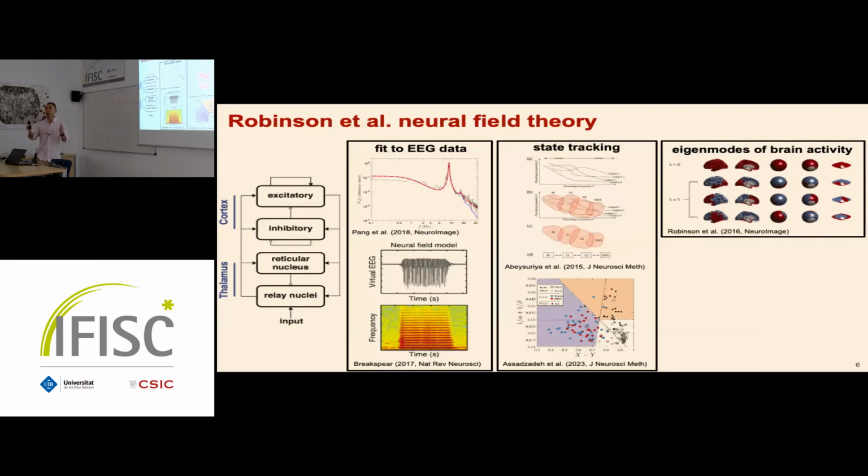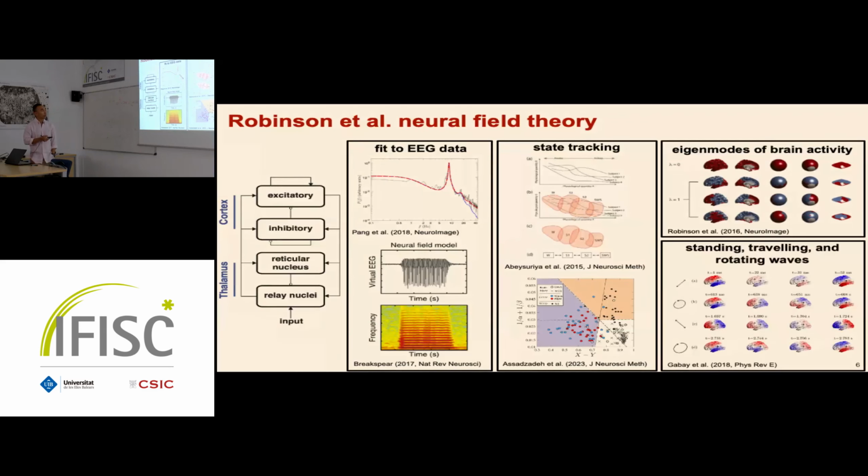So you still do some kind of spatial average. But you can extend neural field theory to predict certain structures in space and time without spatial averaging. And it can describe the physics behind why we get standing, traveling, and different types of rotating waves as well. So again, I'm going to lean a lot on this neural field theory concept.